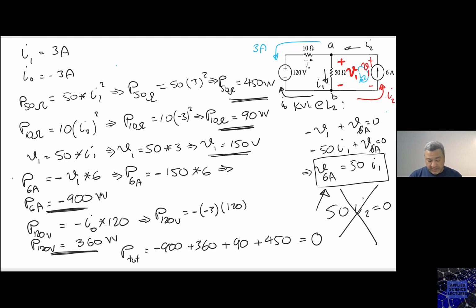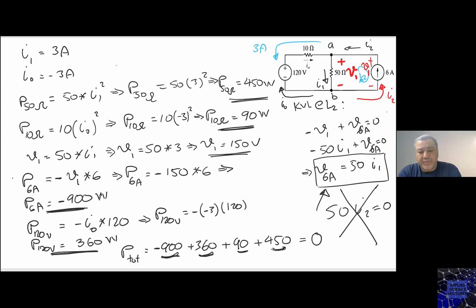Now notice that the 6 ampere is supplying the power. The 120 volt source is absorbing. This is a resistor and this is resistors. Okay. Any question about this problem?